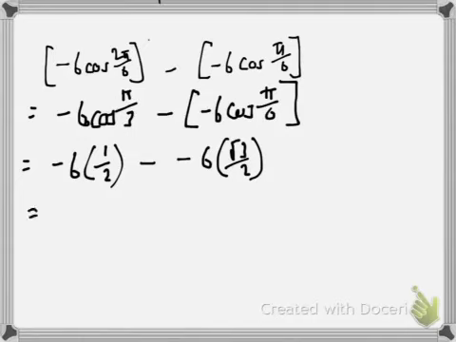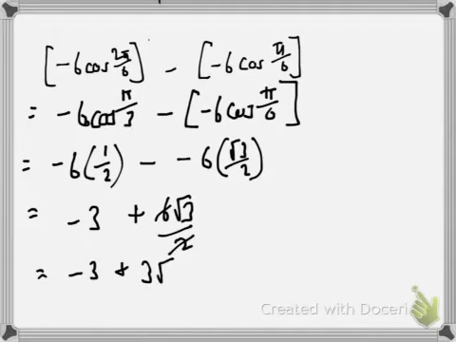Equals, negative 6 times a half is negative 3, plus 6 root 3 on 2. We can cancel there the 6 and the 2, so we get negative 3 plus 3 root 3, or probably best it's 3 root 3 minus 3. There's our answer.